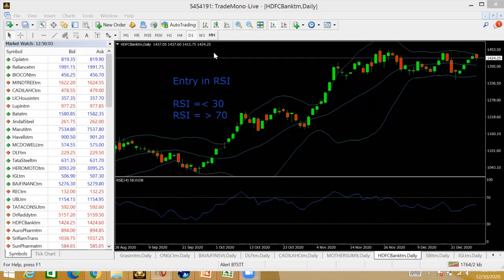So the bottom line is that these two indicators which I have shown you, I have applied both over the security price. One indicator, Bollinger Band, is showing me volatility, support and resistances. Another indicator is showing me an entry.